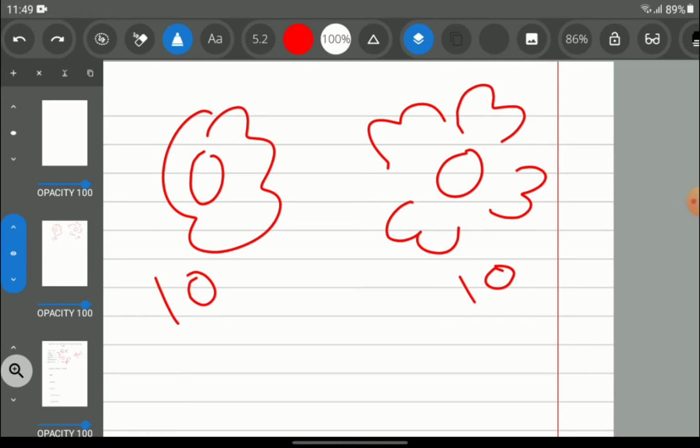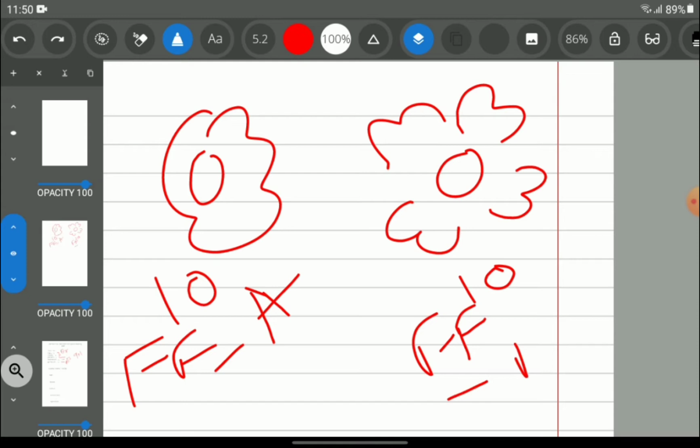When you are going to write a floral formula, let us take F for floral formula, here also F and F. If you want to write about androecium, you will write capital A. This is a very important point, you should write capital A, not the small a. Over here we have 10 anthers, and over here also we have 10 anthers, so here also we are going to write A.